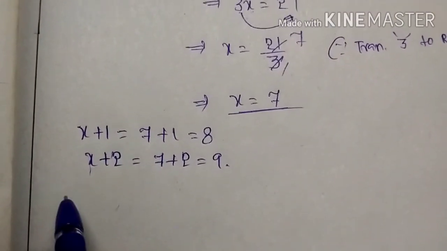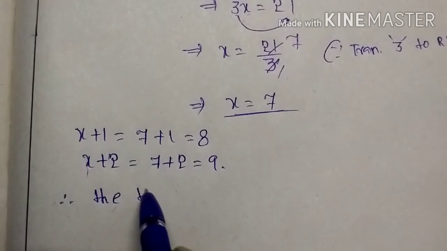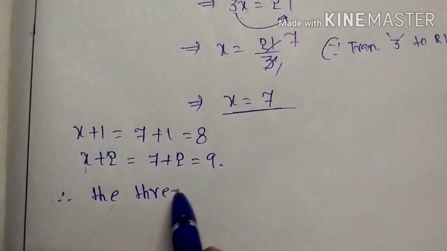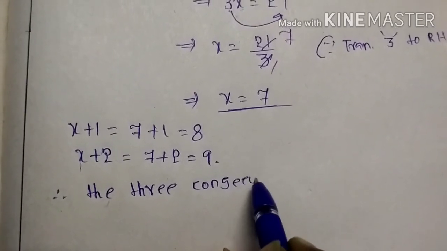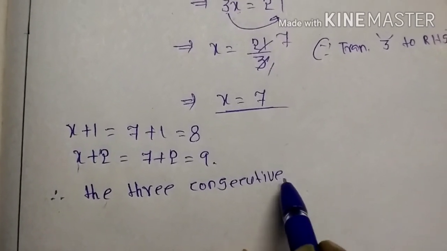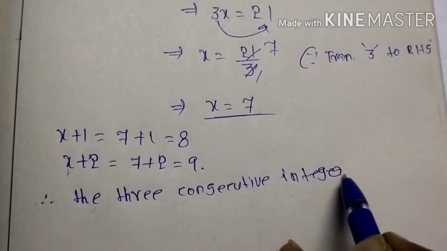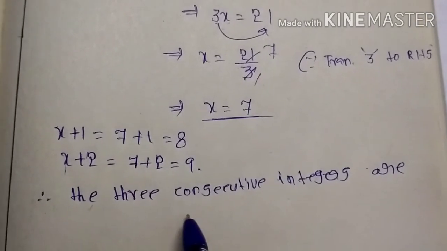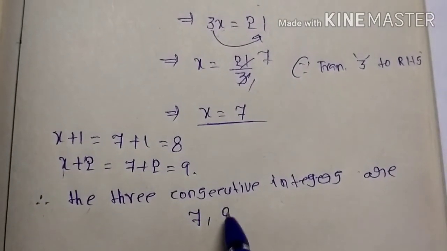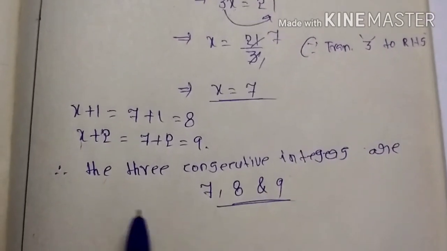That means therefore you can write here the 3 consecutive integers are 7, 8 and 9.